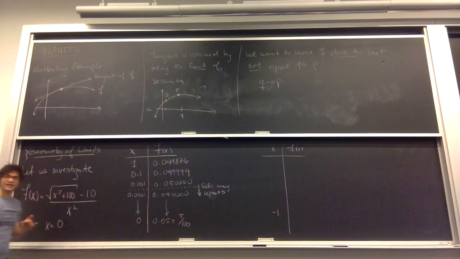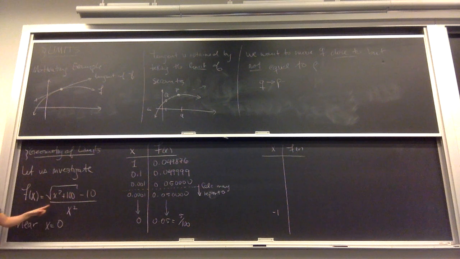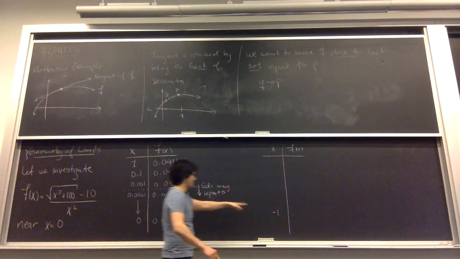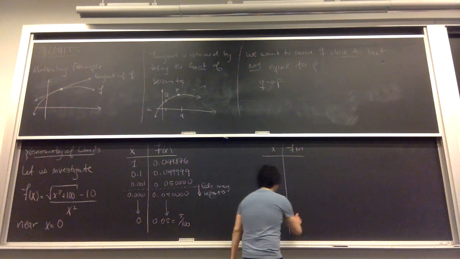This is an even function. The values at positive x are the same as the values at negative x. Look, x is squared in both cases. So if I give you negative 1, it becomes 1. If I give you positive 1, it becomes 1. That happens on both sides. So I can look at this graph, see that it's even, and then I don't have to recalculate all of these values, because I know that negative 1 will go here.